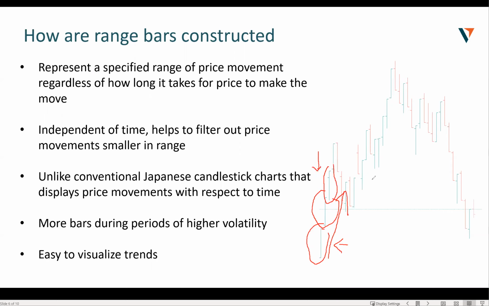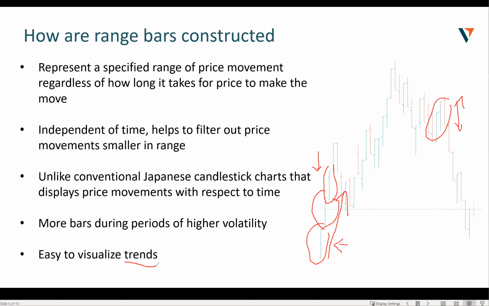And you can see that, unlike areas where we saw this movement, where we have a high number of bars with a low range here, in this case the number of bars itself is much less, but at the same time the range that it covers is much wider. So it's easy for us to visualize the trend.